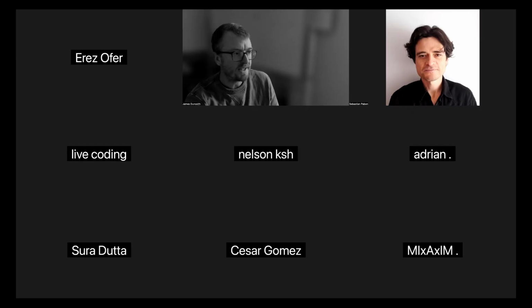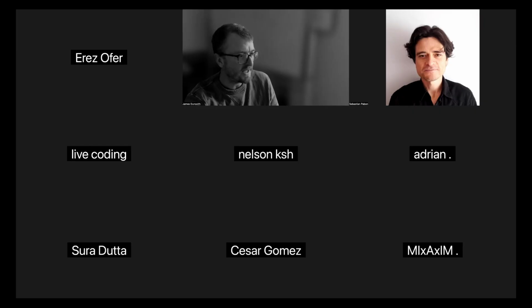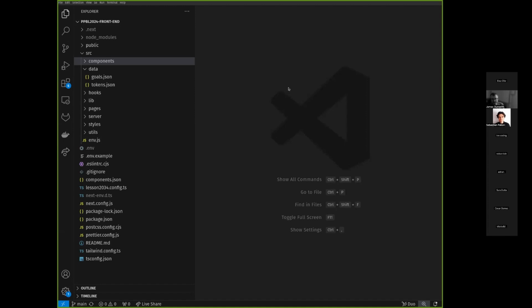So let me show you what this repo looks like in my VS Code. Here's VS Code. Nope, there's my browser again. Give me one more chance to do that. There it is. Okay, so here's this repo in VS Code, and you can see right here that I do have a .env file.